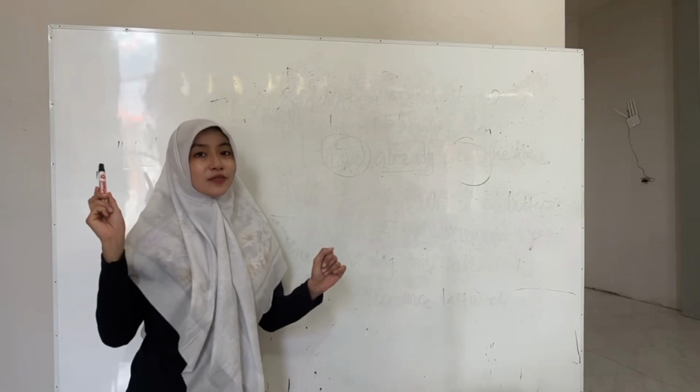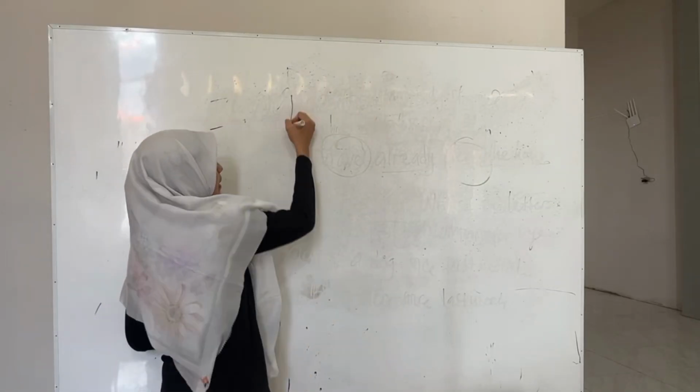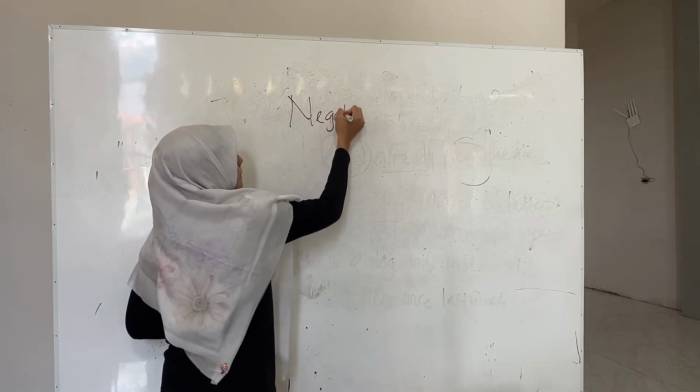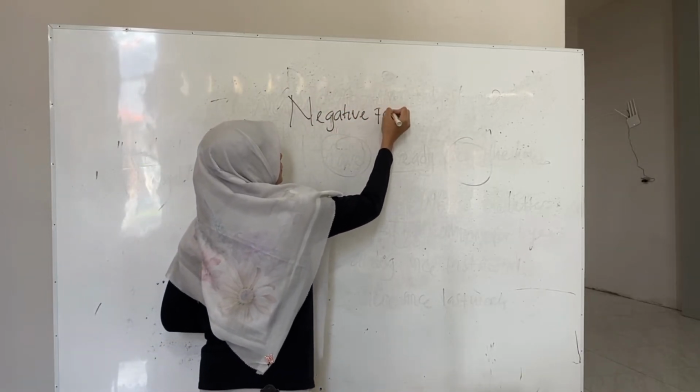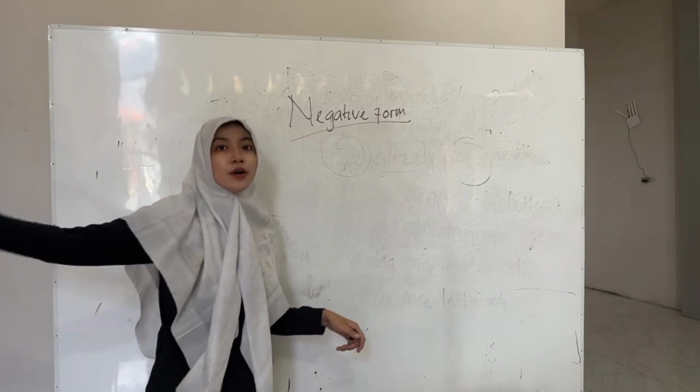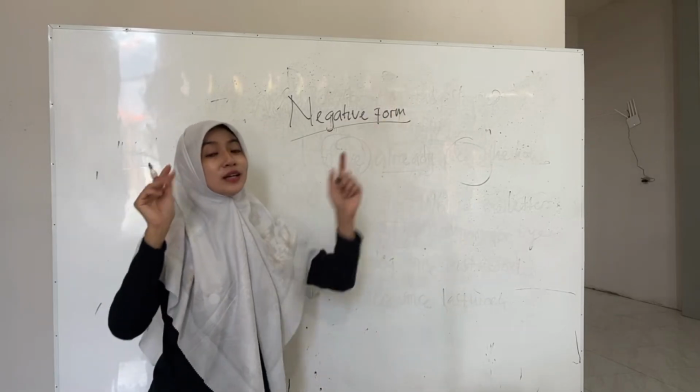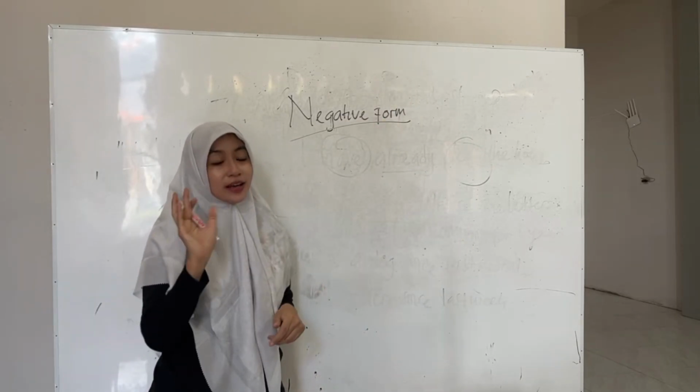Let's talk about the negative form of present perfect. Negative form. So for the negative form, we only add not after has or have.